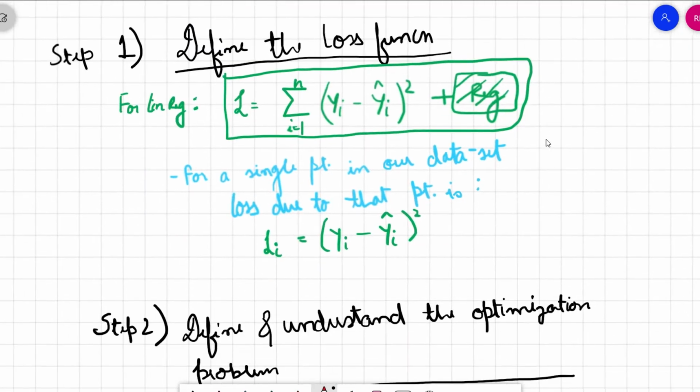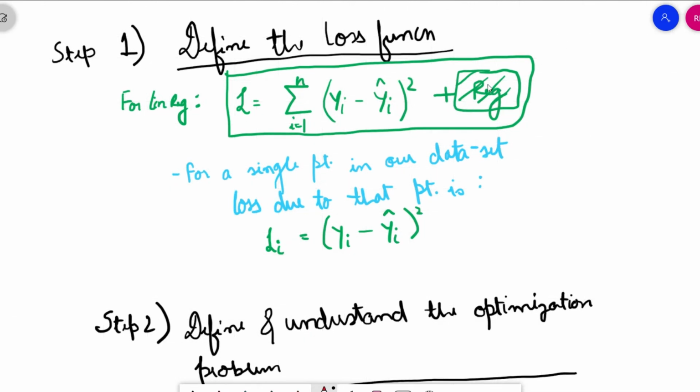But for now, to keep the calculation simple, we'll be ignoring the regularization part. So the total loss for a linear regression model, calculated over let's say n points in our data set, is equal to the sum of the square of differences between the actual and the predicted target value.